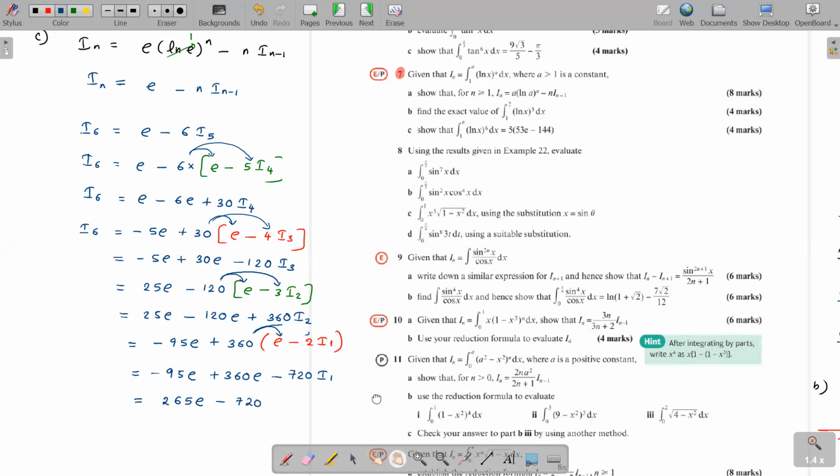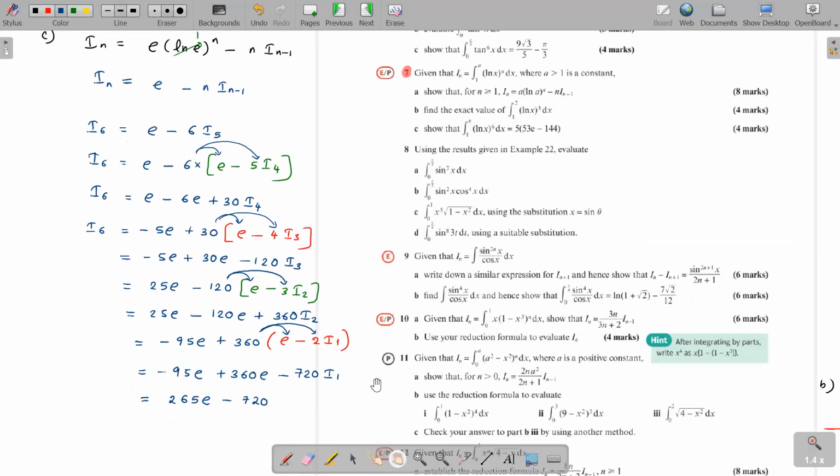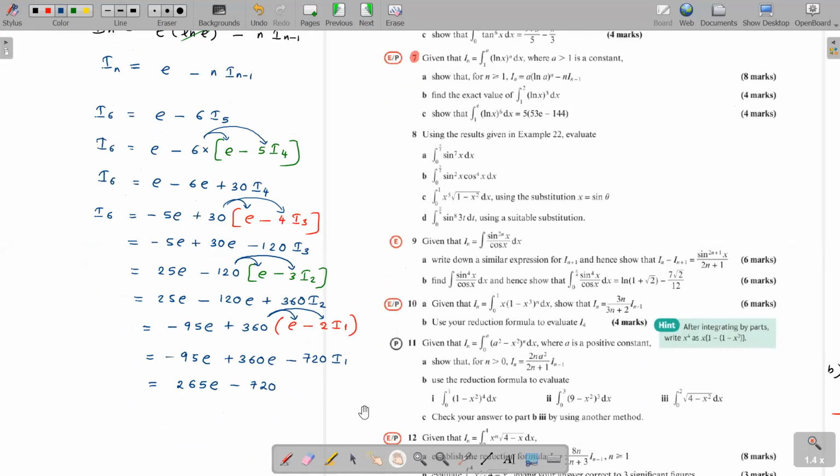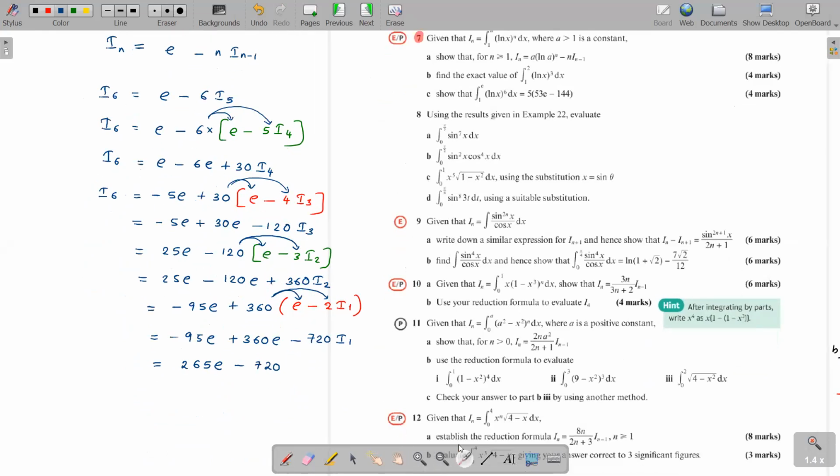Let's replace I1. Okay, so I1 is, yeah, we're going to I0, right? We can stop at I1 also, but I think going to I0 is the best option because it's easy to integrate with the power 0. So I1 gives us, for the equation, replace n with 1, e minus 1 times I0. Do you agree with me? So I get here 265e minus 720e, minus 720 into minus is plus 720 I0.